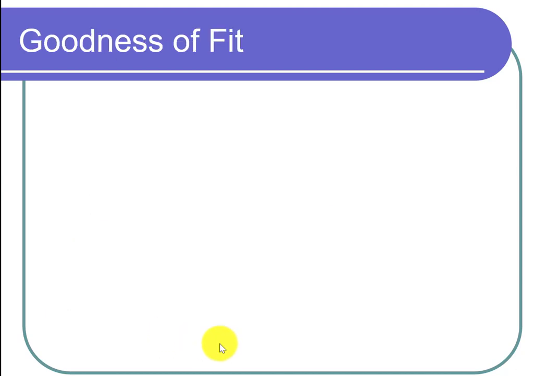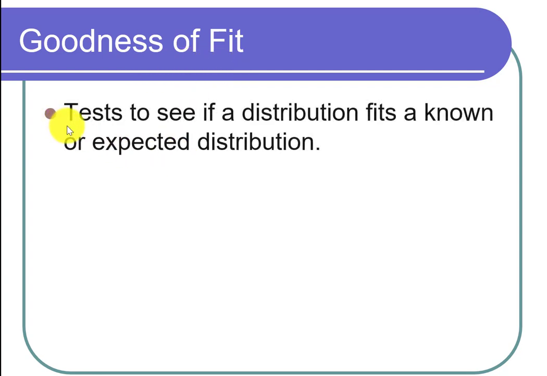So the first type of chi-squared test we're going to be looking at is the chi-squared goodness of fit test. What it does is it tests to see if a distribution fits a known or expected distribution.